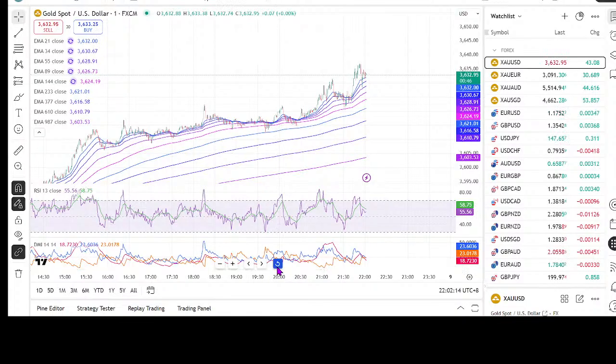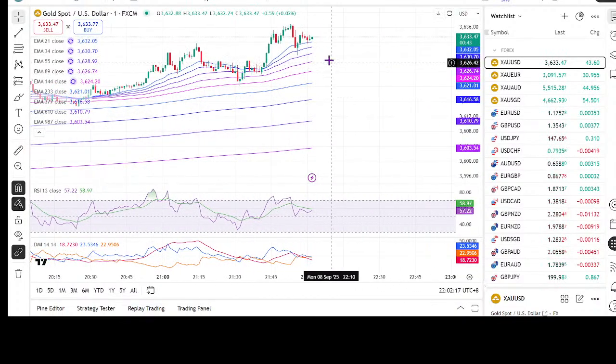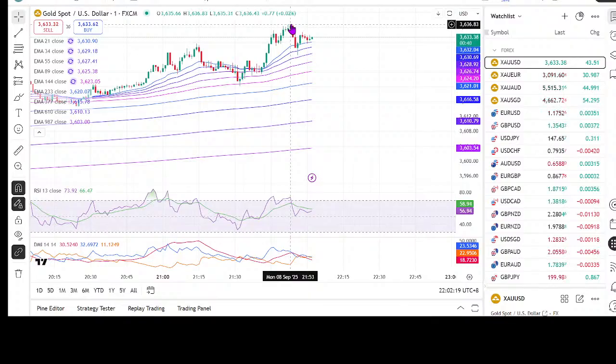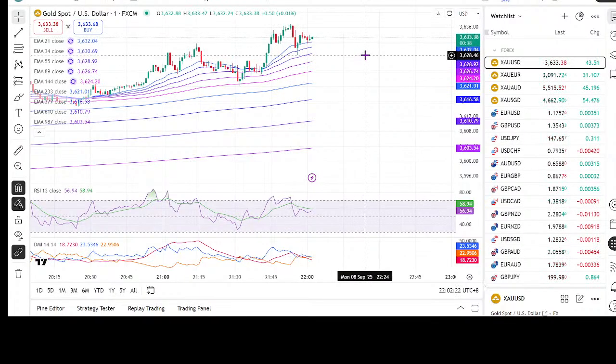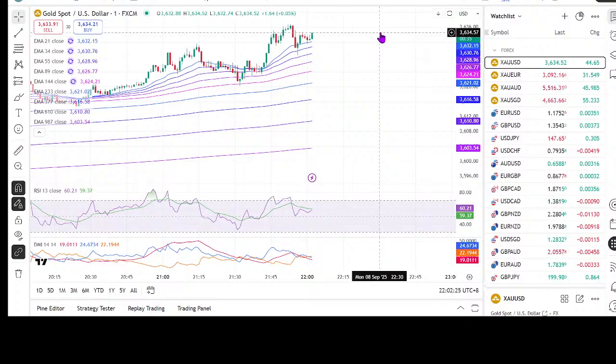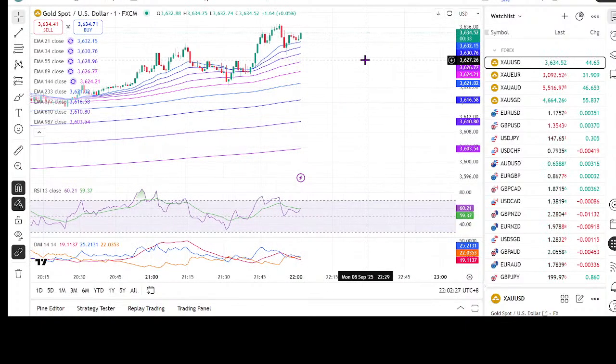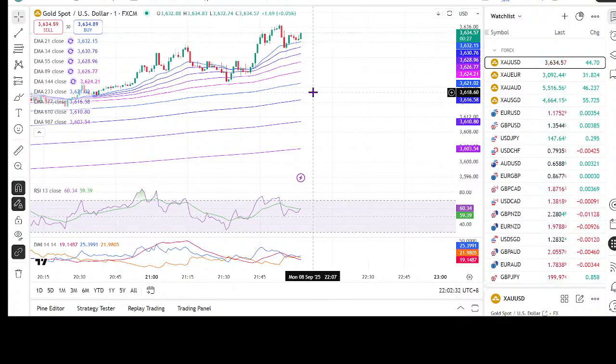The next 15 minutes is very important, whether the price breaks 36 or breaks 28. If it breaks 28, then we are right. If it breaks 36, then we are wrong, and we just have to pay the price and wait for the final sell. So let's wait to see how the price progresses in the next 15 minutes.